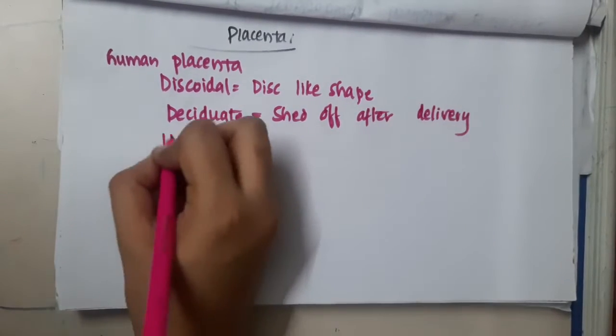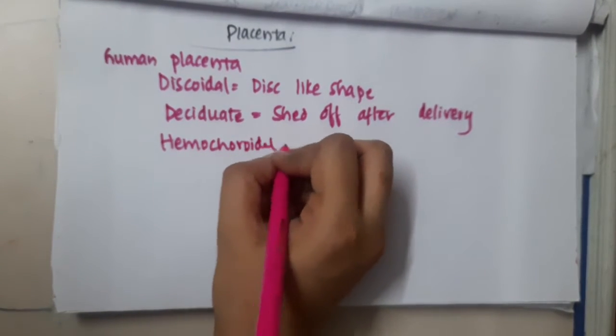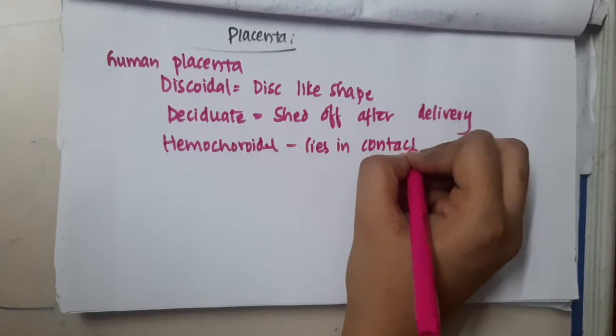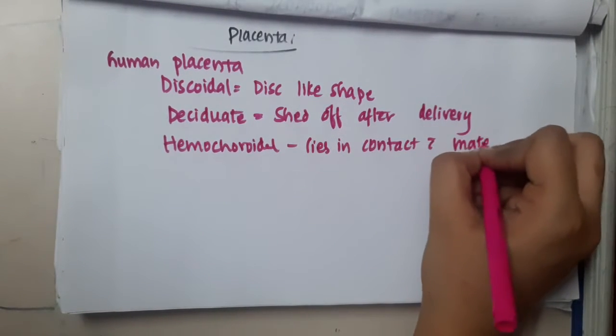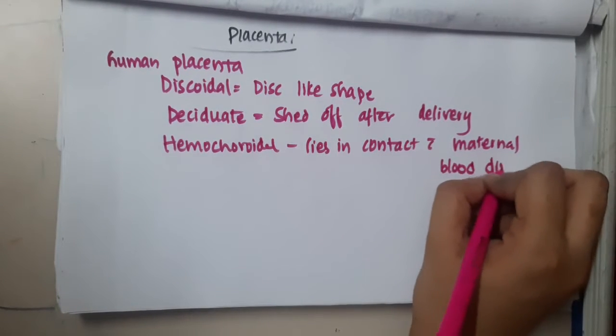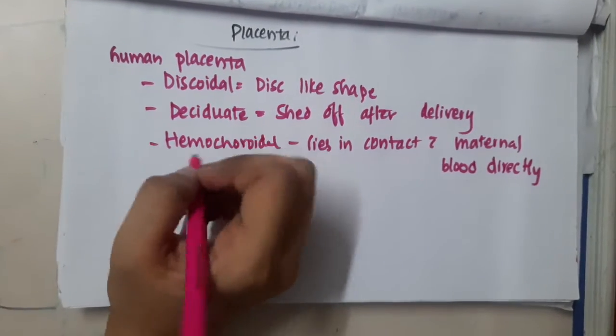It is also hemochoroidal. What is hemochoroidal? That is, it lies in contact with maternal blood directly. So these are the three main important points about human placenta.